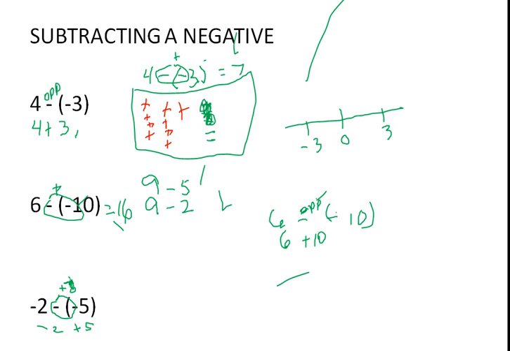Okay, so war of the plus and minus signs. We have more positives than there are negatives, so it's going to be a positive answer. And there's 3 more. It's 5 minus 2. There's 3 more. So the answer is a positive 3. So there you go. That's how you deal with subtracting a negative and changing it to just a single sign, and that's how you work it out.